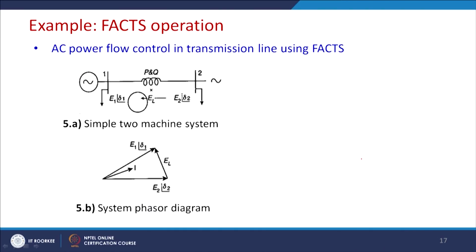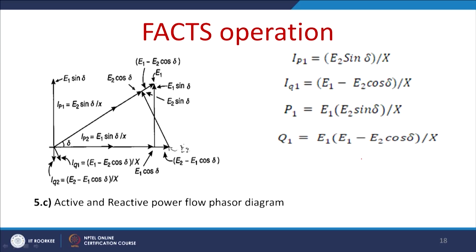Now, let us come again to the two machine model, and this is a phasor diagram of it, where the angle between them is delta and I is almost perpendicular to the EL. Now, we shall calculate the power at the receiving end; in the same way we can calculate the power at the sending end.